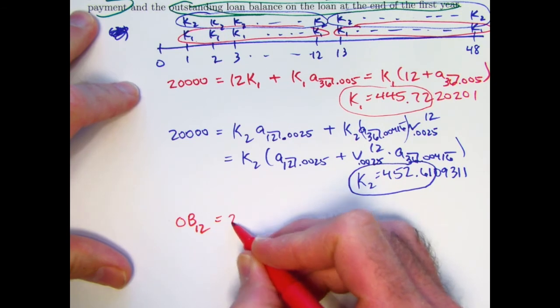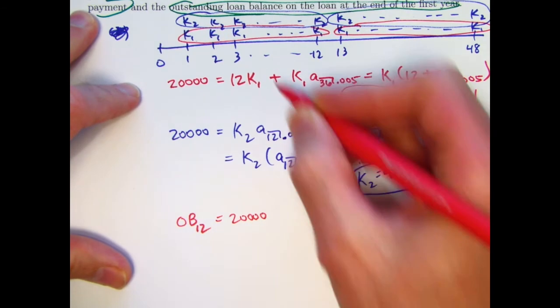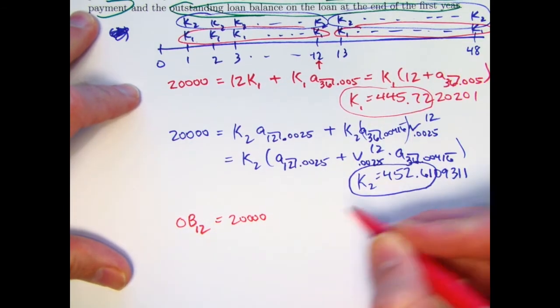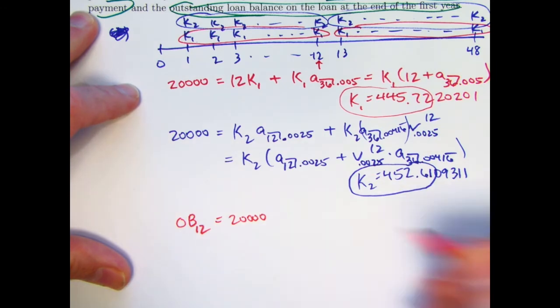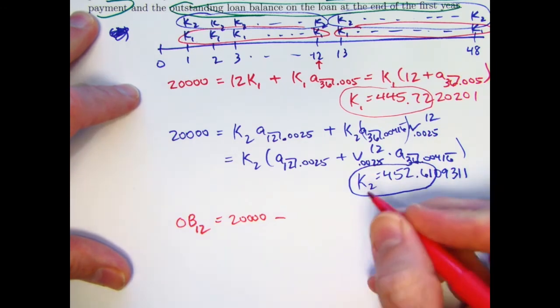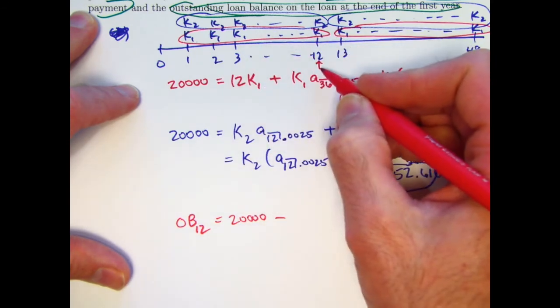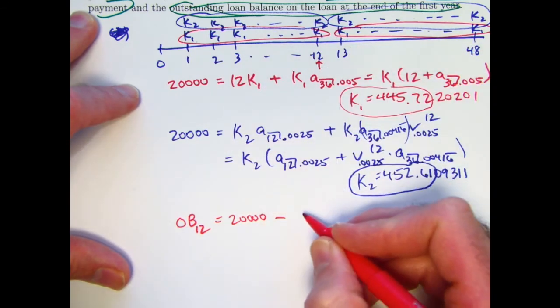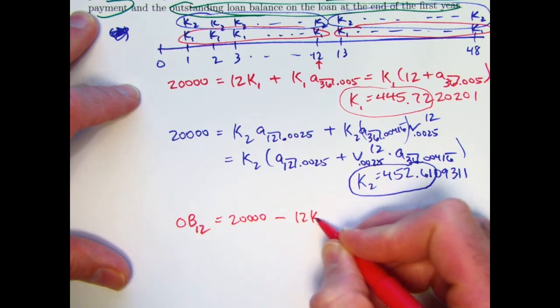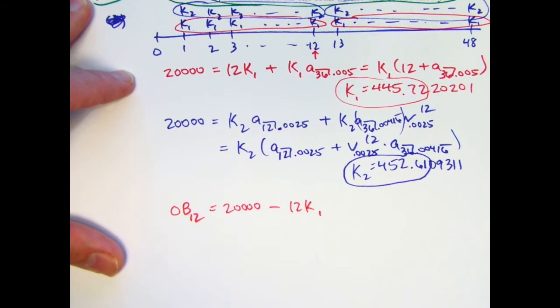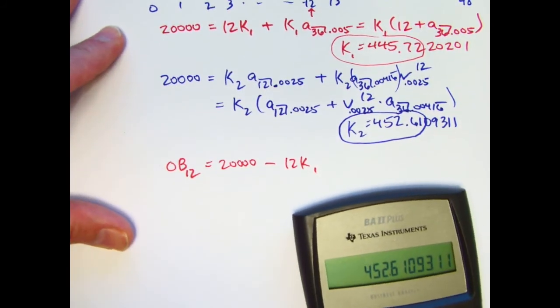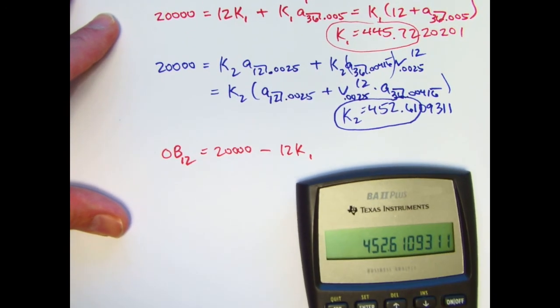You'd have the loan amount promoted in time to time 12, but again, there's no interest that first year, so it's just the loan amount minus the future value of the first 12 payments at time 12. But again, there's no interest, so the future value is 12 times K1. Okay, so that is going to be the outstanding balance after the first year for the first loan.